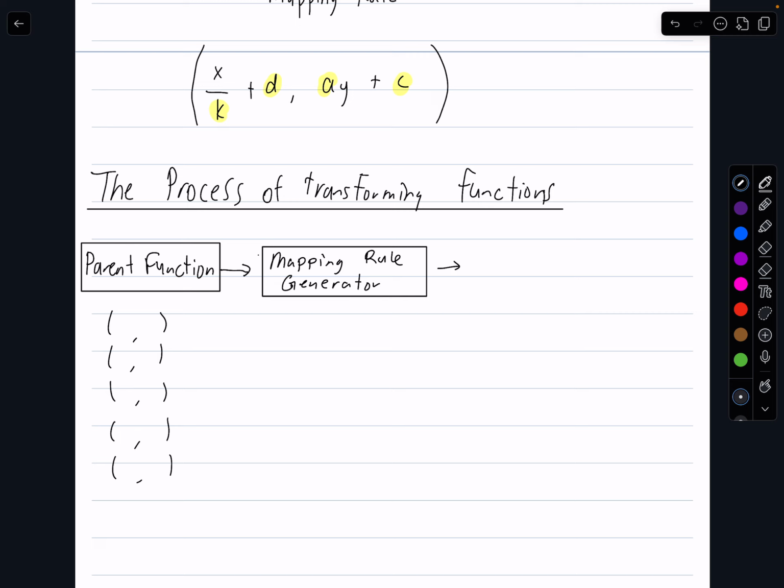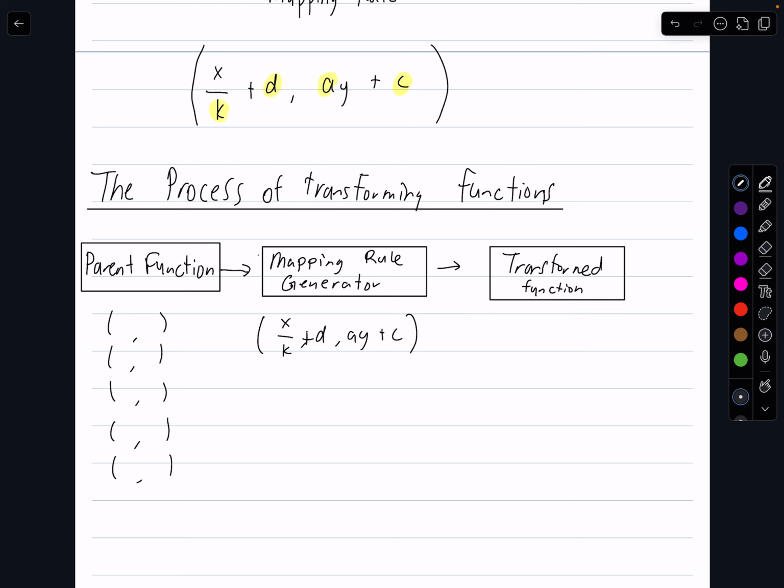Once we plug the points into the mapping rule generator, which is x over k plus d, y over a plus c, it will find the transformed function.